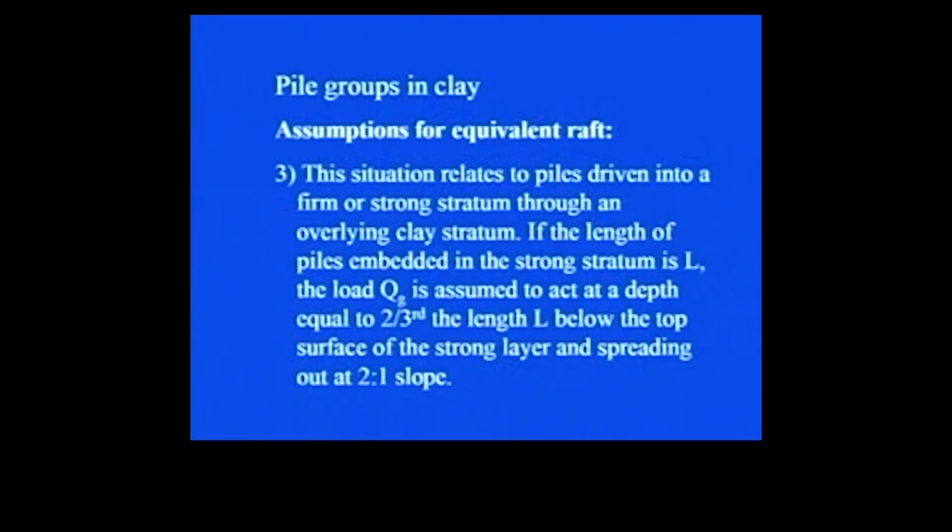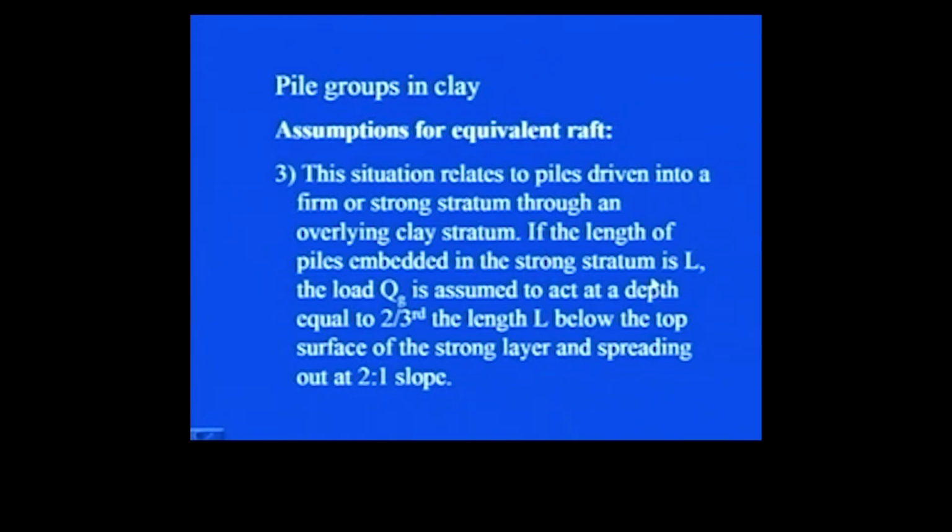Now, the third point is that this situation relates to piles driven into a firm or strong stratum through an overlying clay stratum. The clay is lying above the firm strata, and in that case, if the length of piles embedded in the strong stratum is L, the load Qg is assumed to act at a depth equal to 2/3 of the length L below the top surface of the strong layer and is spreading out at a 2:1 slope.